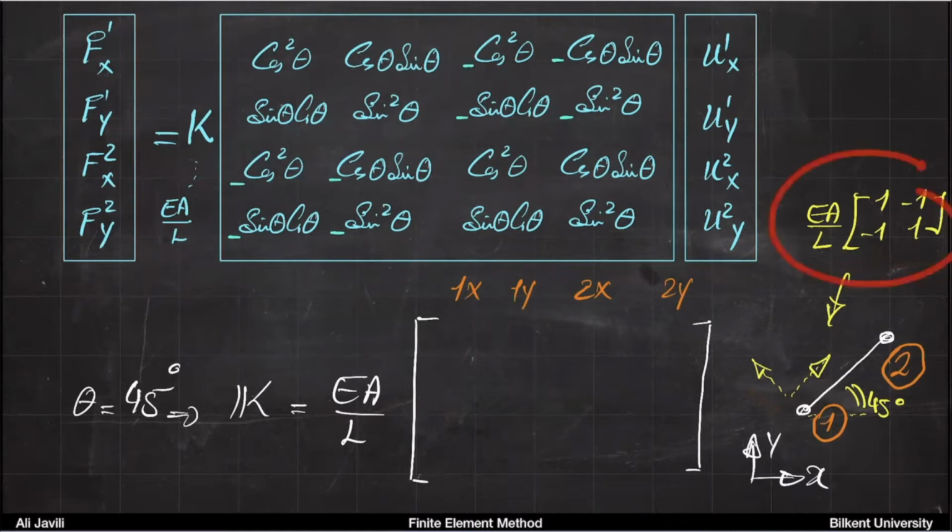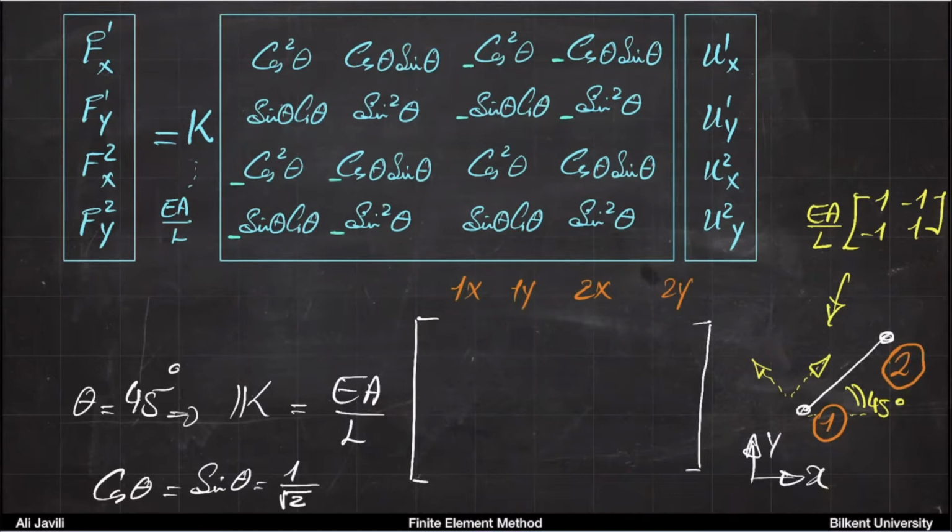But the thing is that when you want to distribute this now in a coordinate system which looks like that, then you have to use the bigger system that we have up there. Now, you remember that for 45 degrees, cosine of theta would be the same as sine of theta, and that would be 1 over square root of 2.